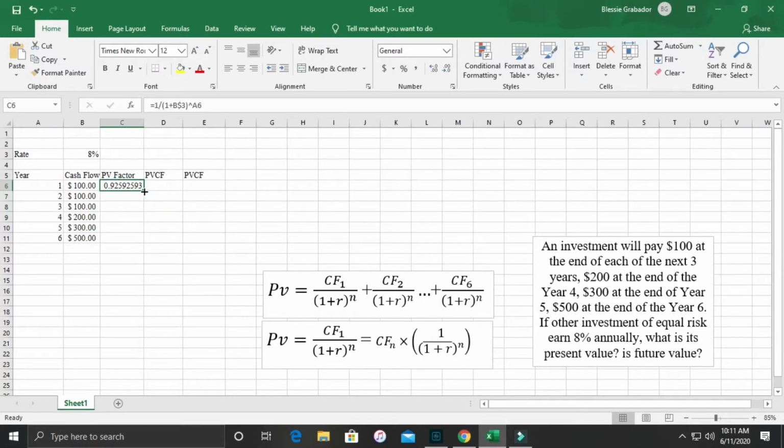So we have here 0.92593. For the next year, same formula as the first year. For the second year, we have 0.85733882. Third year, 0.79383224.